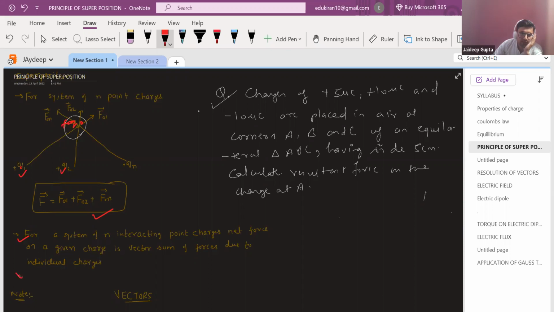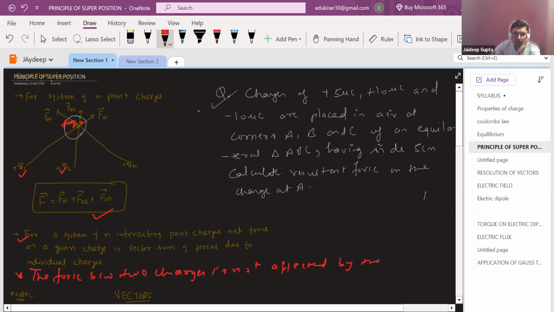And just remember one thing: the force between two charges is not affected by the presence of other charges.